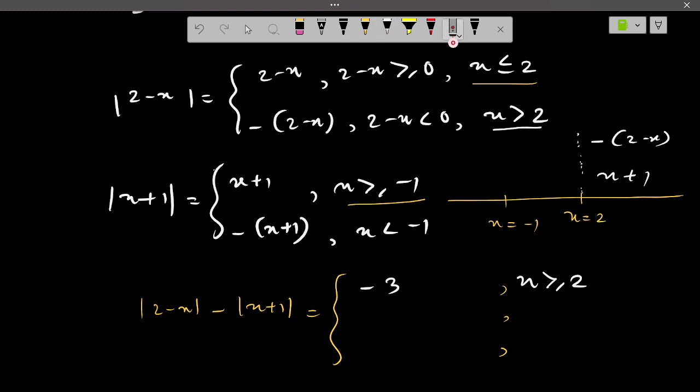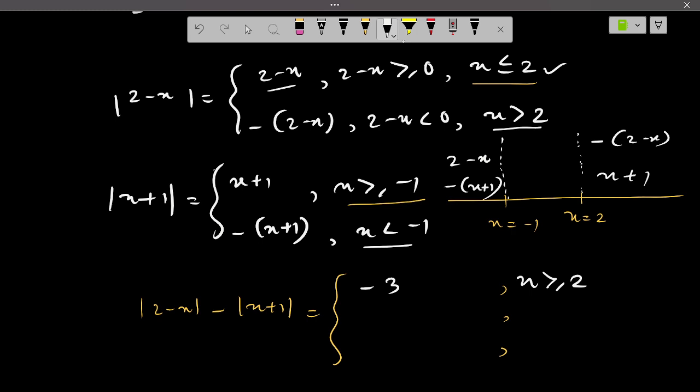Now let me do the same kind of analysis in this part. So x lesser than minus 1, that means this condition is satisfying and we are getting minus x plus 1. And x lesser than minus 1, that means this condition is satisfying and therefore we will get 2 minus x.